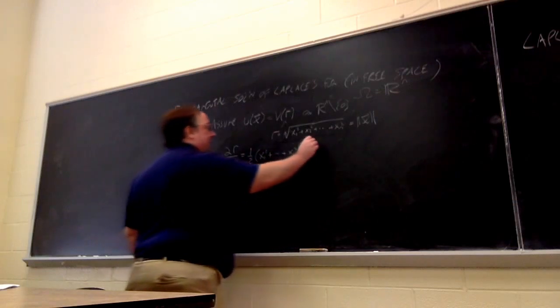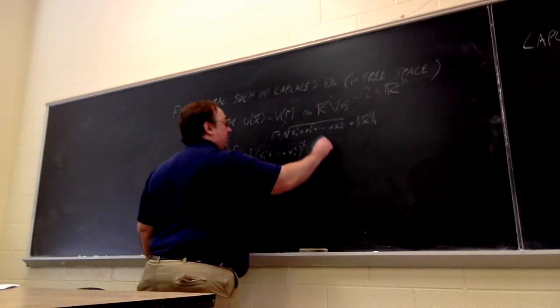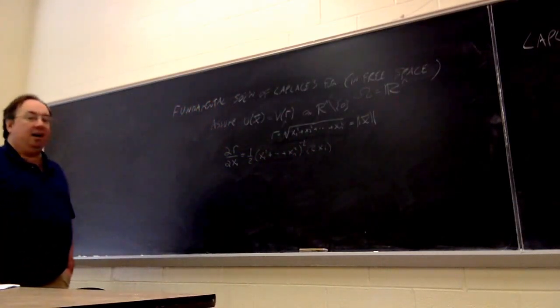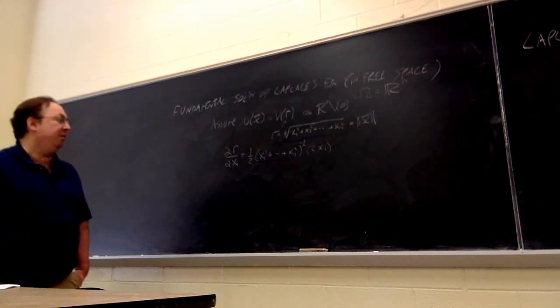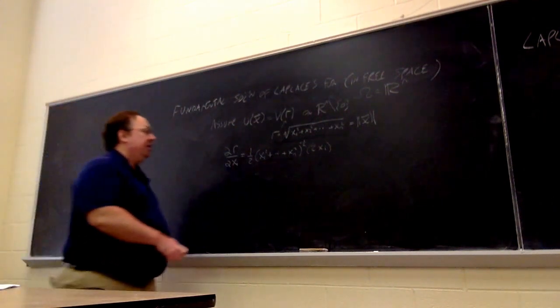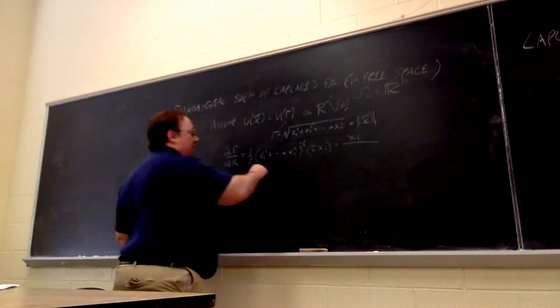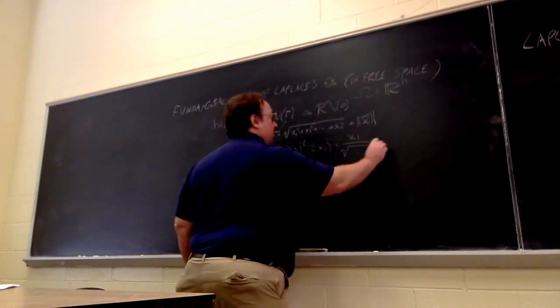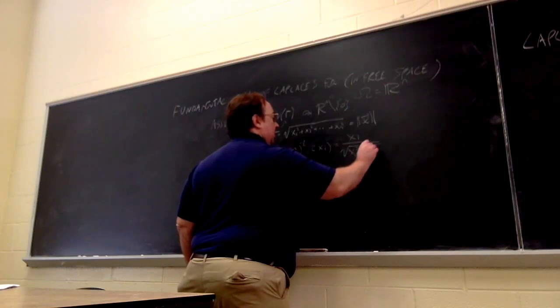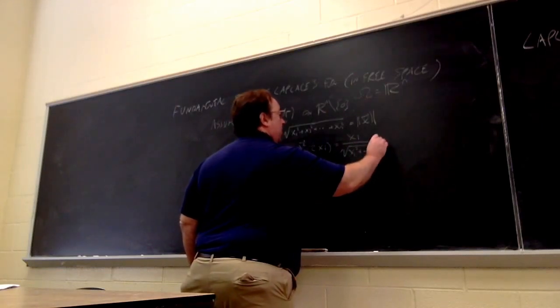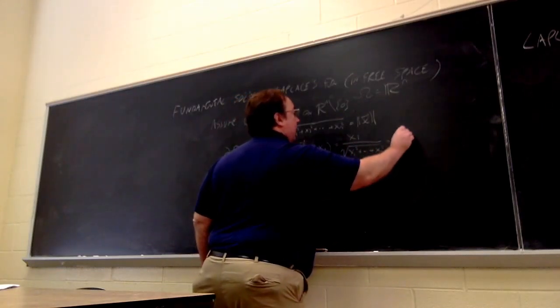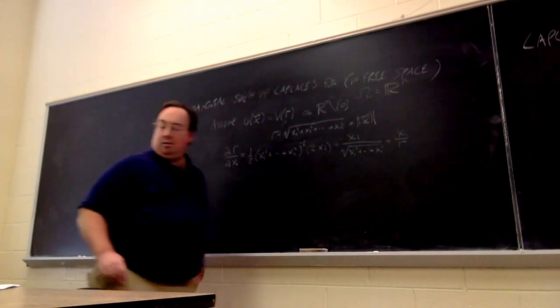That's just going to be 2xi. All of our other terms have a derivative of 0. So the 2's cancel out, and I'm left with xi over this square root. But that just simplifies to xi over r.